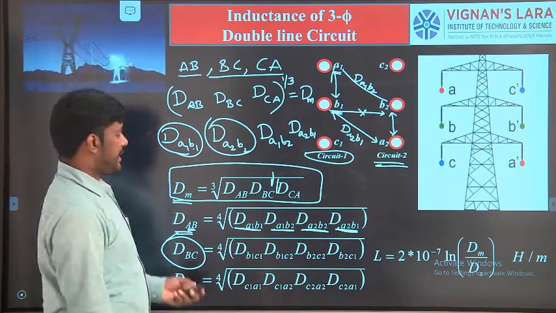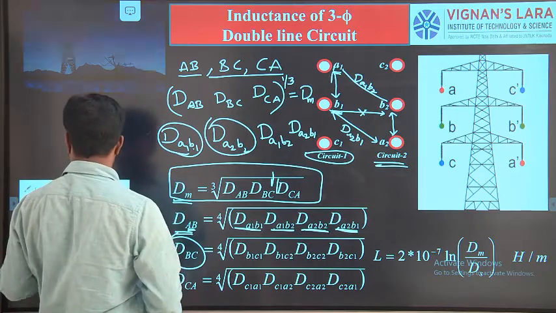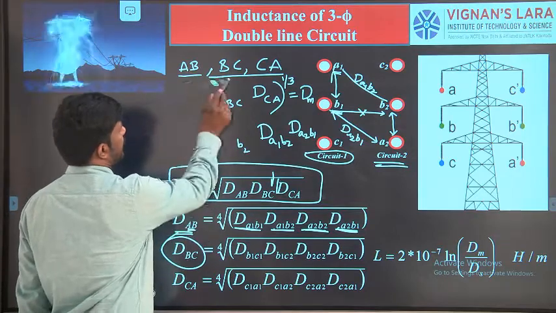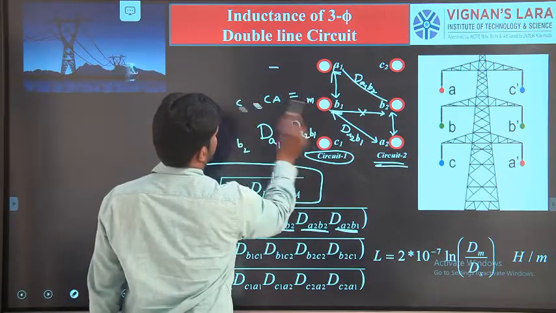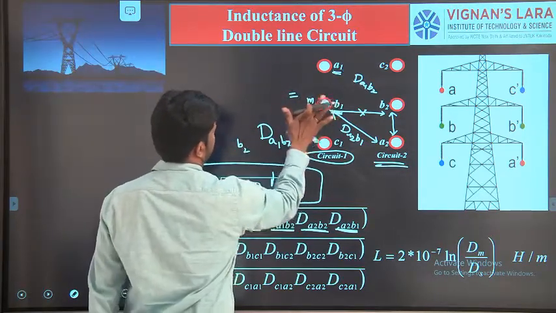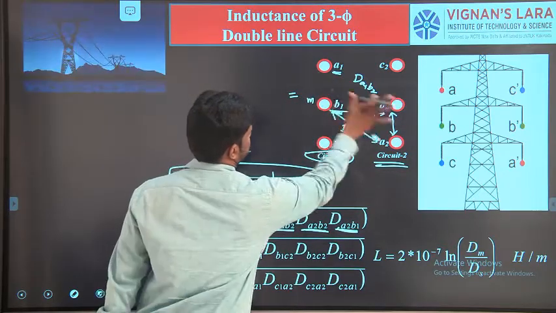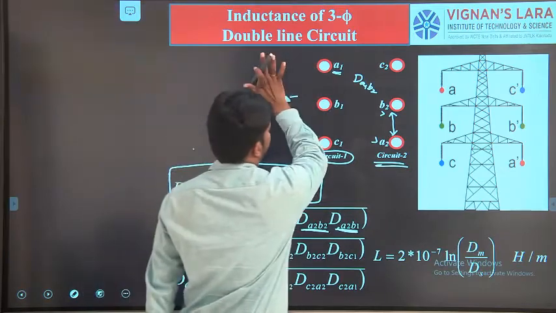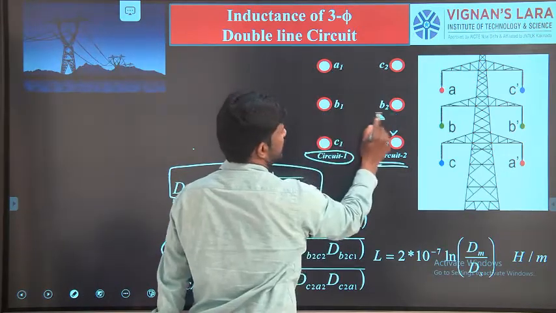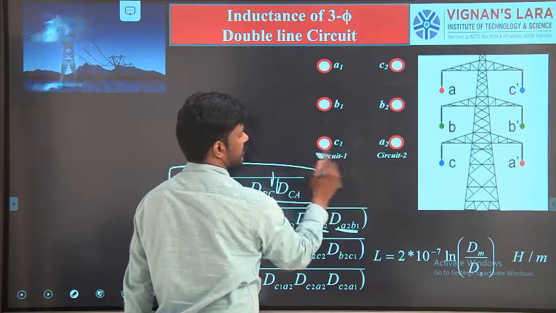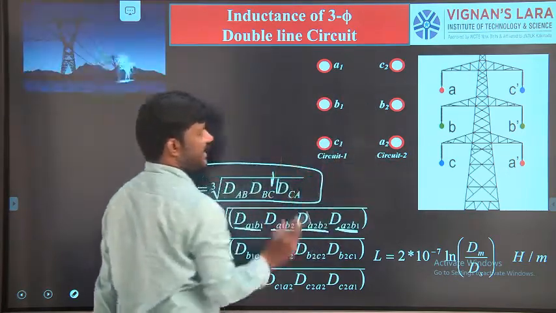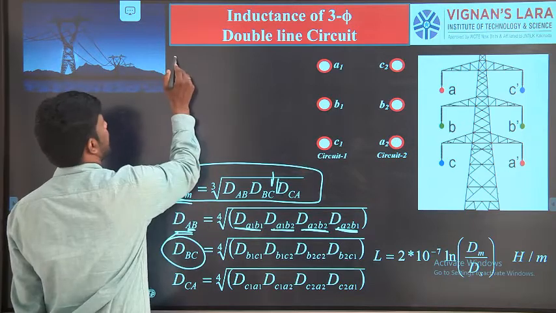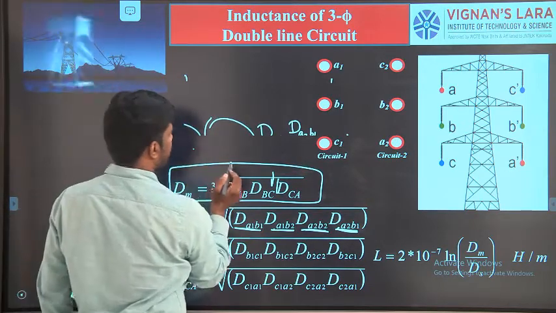What is DBC then? I am writing the DBC here for clear understanding. What is the phase combination we are talking about now? The phase combination is B and C. So we call that the distance DBC.